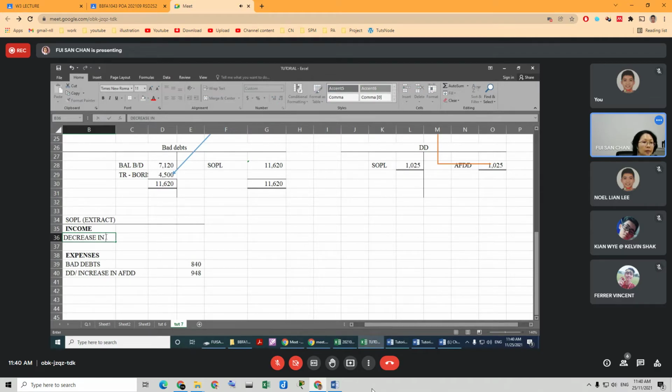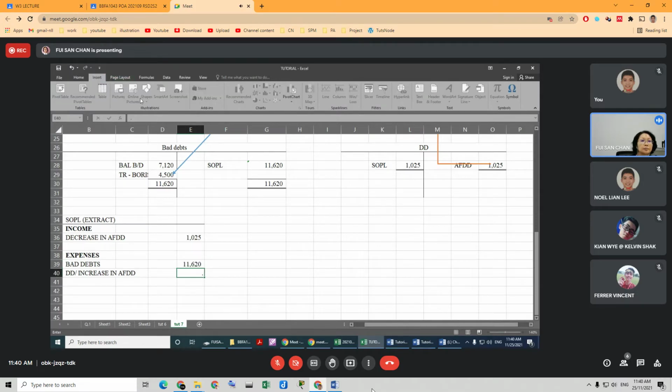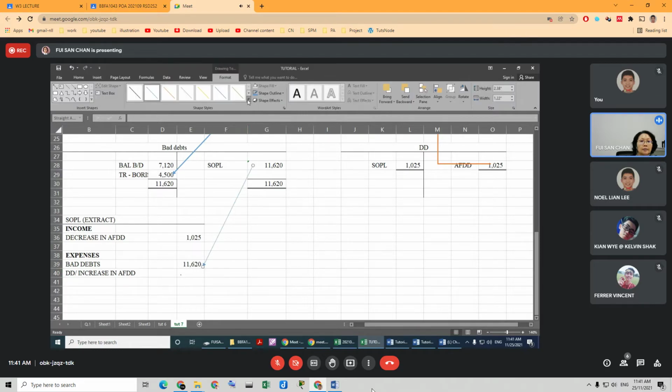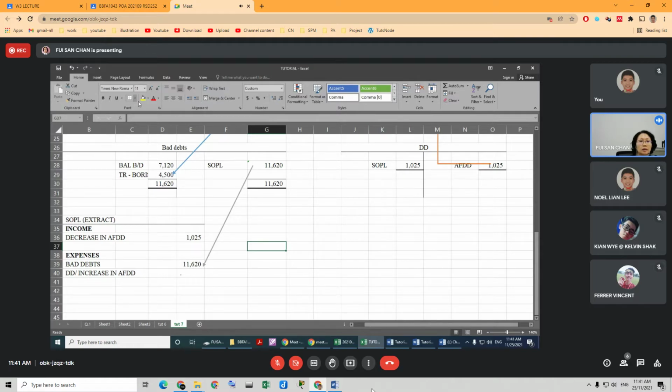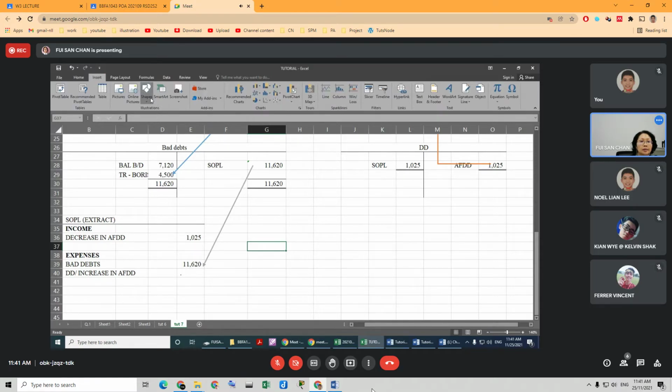Decrease in FDD. Okay, how much is that? 1025. Correct? Yes. Okay, expenses. Do you have any expenses? Yes, we have bad debts now. So bad debts plus the 4,005. So in total, we have this number, correct? So you can see this number is actually here, right? And then the decrease is actually here.